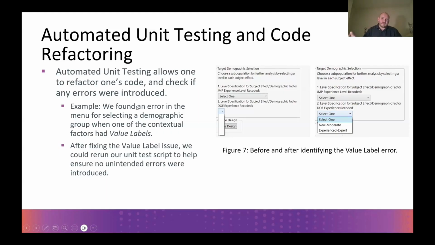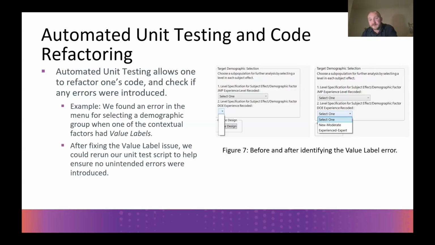So this unit testing is important because, one, it can let you know whether there are errors in your code. Two, it allows you to refactor your code and make sure you didn't introduce any other errors. And three, as JMP updates, certain internal things within JMP are going to change.